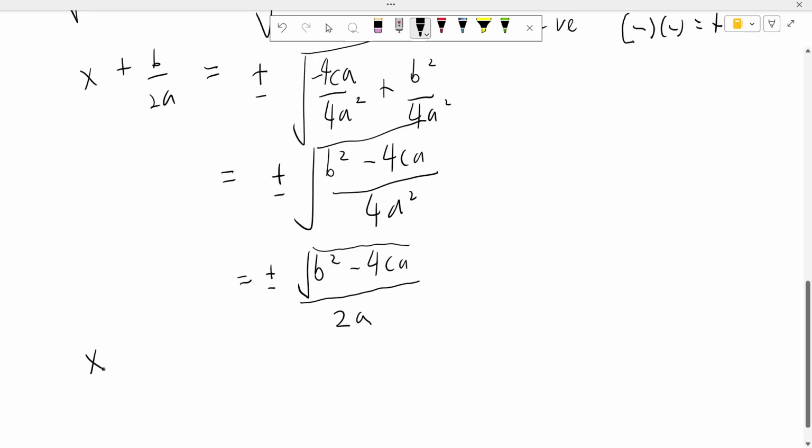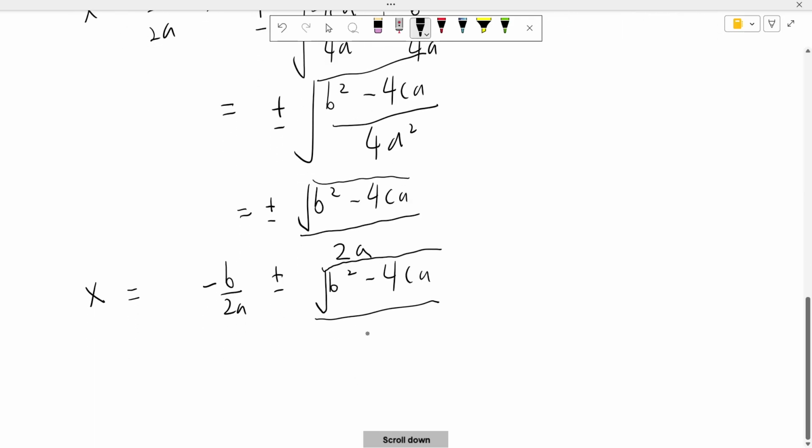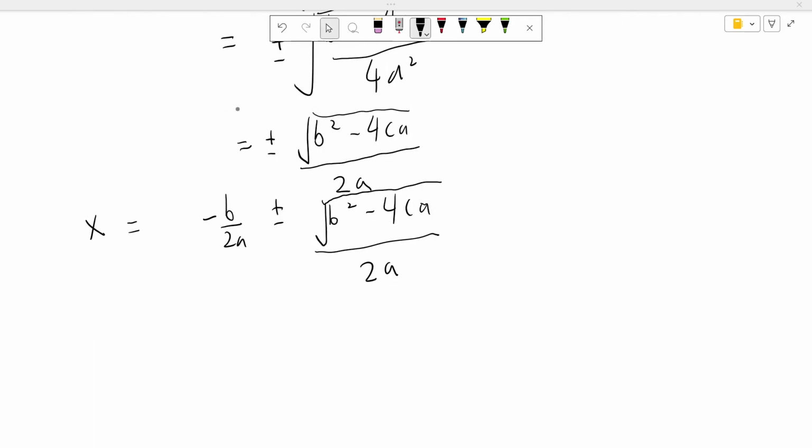Now I'm just going to bring the b over 2a over to the right side. And we just do a little bit of housekeeping here, so to speak. Look, the denominators are the same, so we can combine this term and this term.